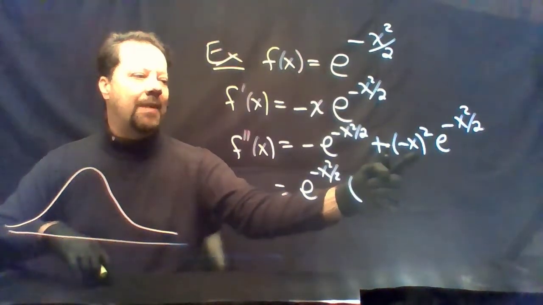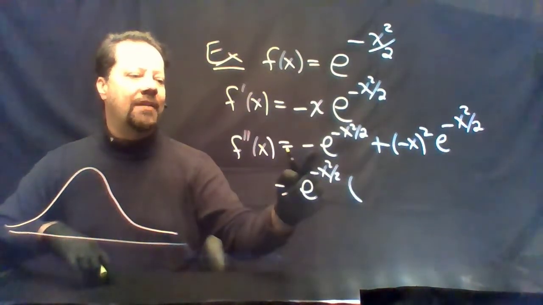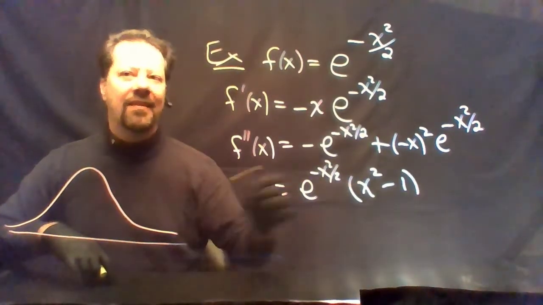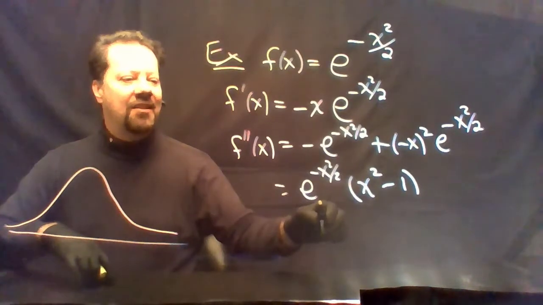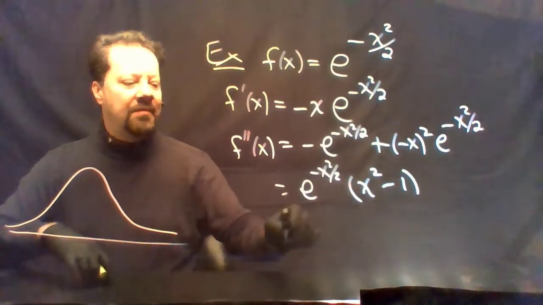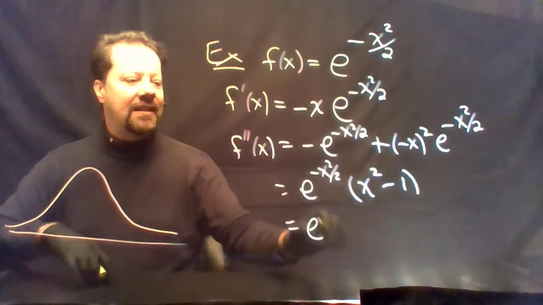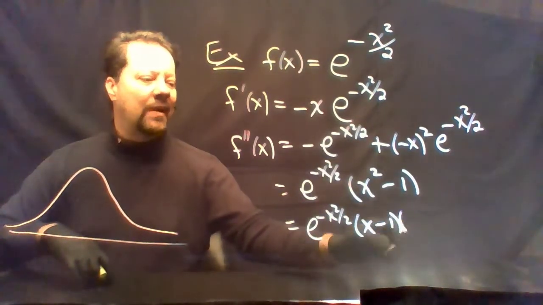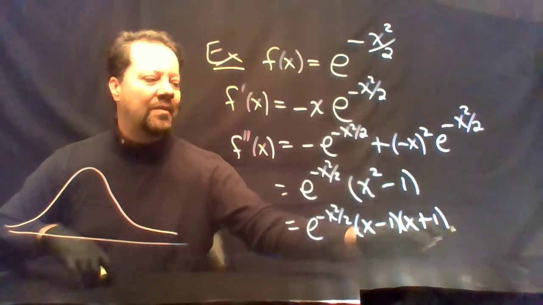What's left over is a positive x squared and a minus 1. You can see then that this factors as e to the minus x squared over 2, times x minus 1, times x plus 1.